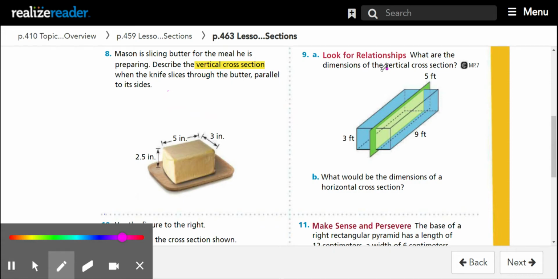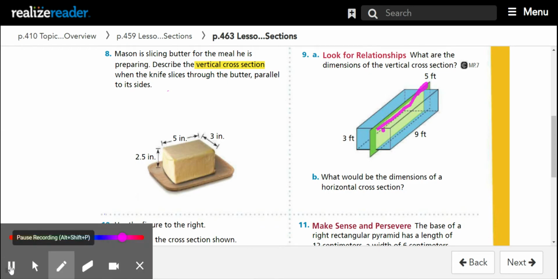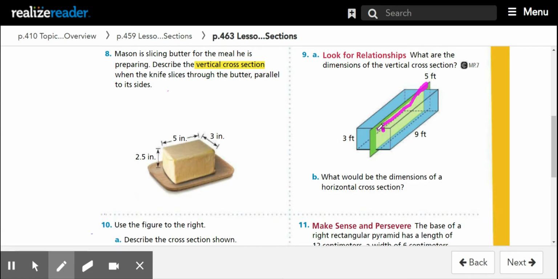Then looking at number 9, it says, what are the dimensions of this vertical cross-section? So the vertical cross-section is already shown for us. It's this green face, and you can see that it's a rectangle. So the first dimension is the longest side of the rectangular prism.